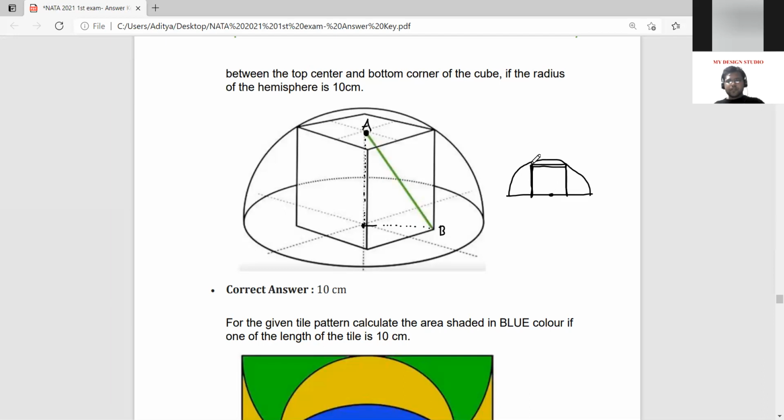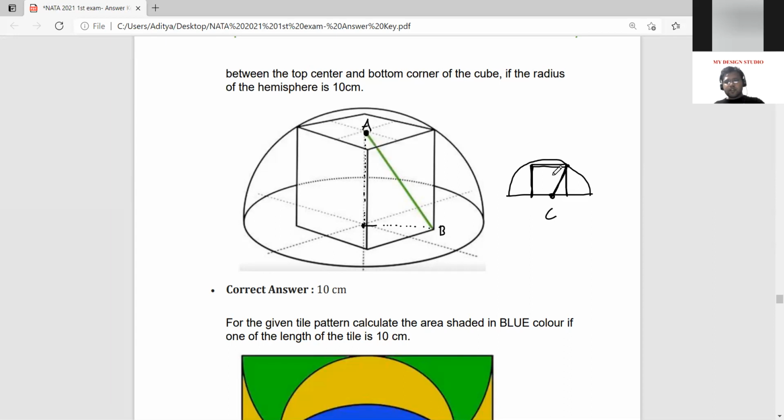Okay, so because this square, whatever is touching the edge of the hemisphere. So imagining this as the center of the hemisphere and this as the surface of the hemisphere. Okay, so what is this?